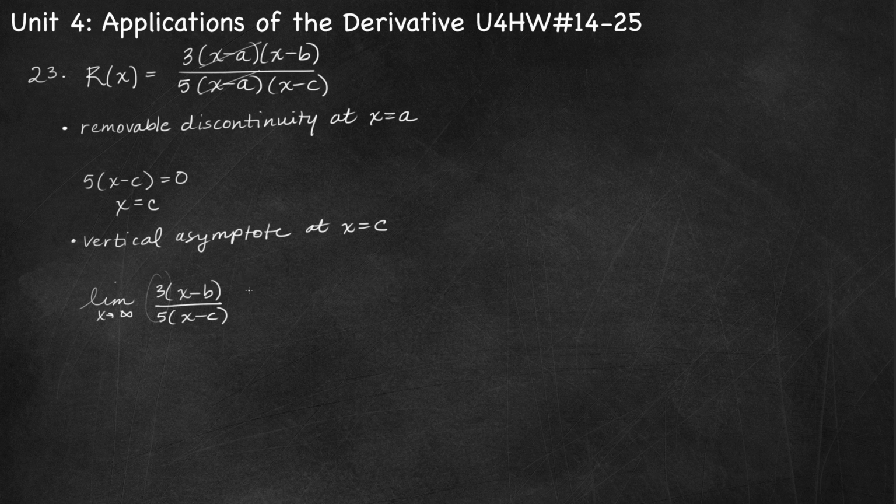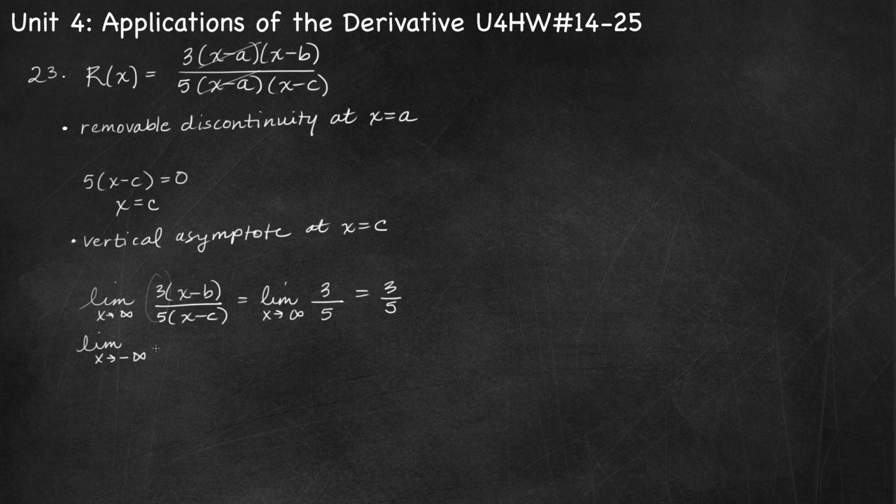We can also apply L'Hopital's rule here, since we are getting a limit in the form of infinity over infinity, in which case we'd have the limit as x approaches infinity of the derivative of 3 times x minus b, which is 3. The limit of 5 times x minus c is 5. And so we're getting a limit of 3/5. Now I should also check for horizontal asymptotes on the left end of the graph.